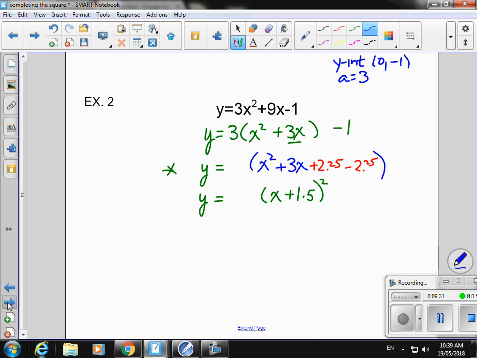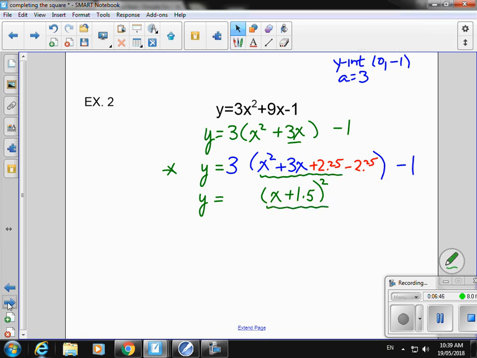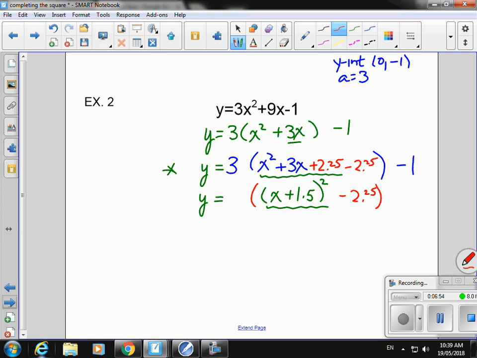All right. Now, -1 and 3. Line number 2 is complete. I introduced that 2.25 so that these 3 terms together give me my perfect square. I still have the -2.25 to deal with. It's all in brackets. I put those brackets up when I factored out the 3. So I've still got 3, still got the subtract 1. So line number 4 is complete. It's just not quite the look that I'm going for. These brackets are not the look that I want.